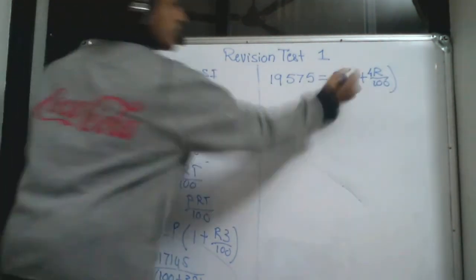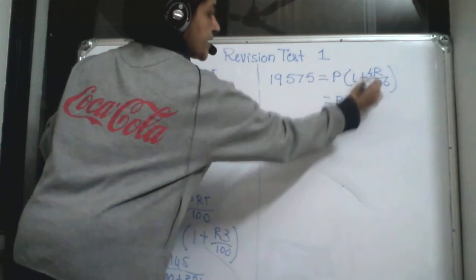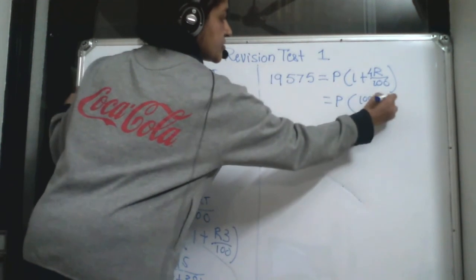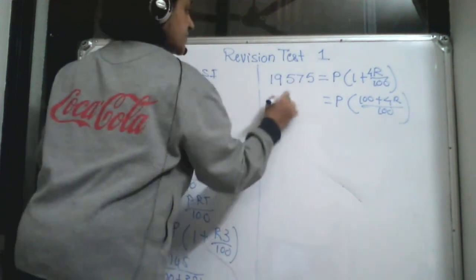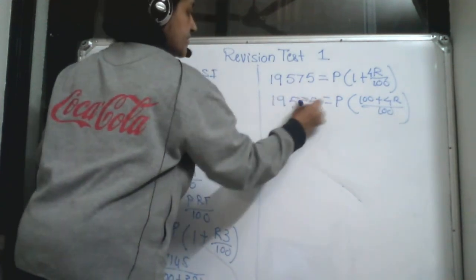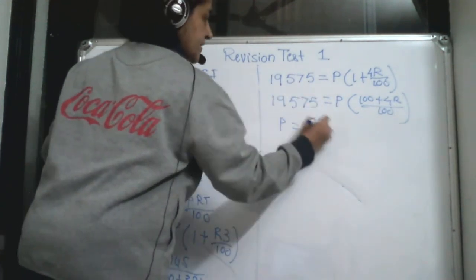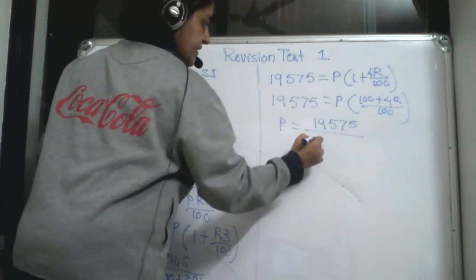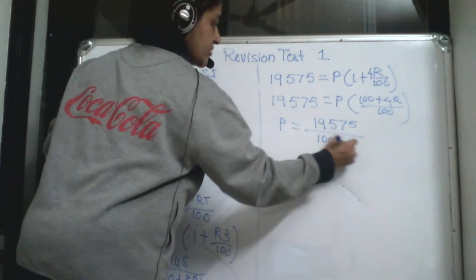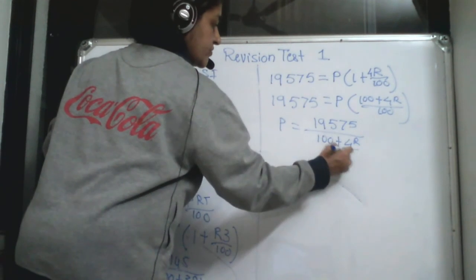Okay, so when this is solved, what do we get? P into bracket 100 plus 4R upon 100, which is 19,575. Now P is equal to what? 19,575 whole divided by 100 plus 4R upon 100.